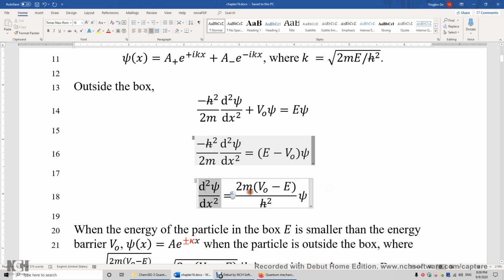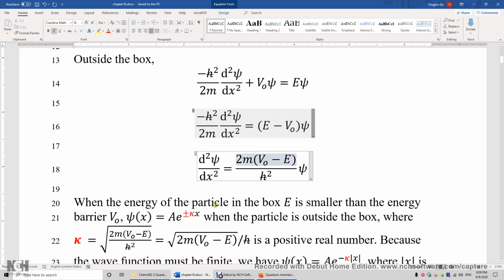Now let's look at this differential equation. How do we solve it? Well, if the second derivative of psi is equal to psi times a constant, naturally we think of exponential functions. So e to the power of plus or minus kappa x are the solutions, where kappa is the square root of 2m times (V0 minus E), everything inside the square root, and then divided by h bar.